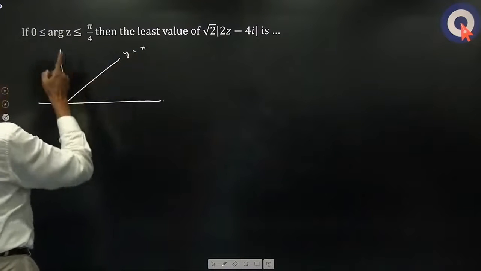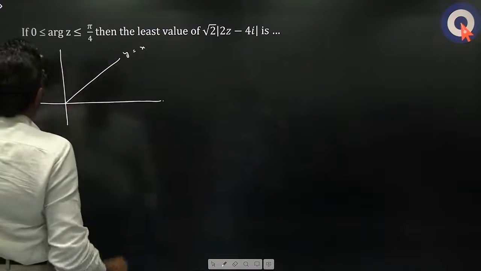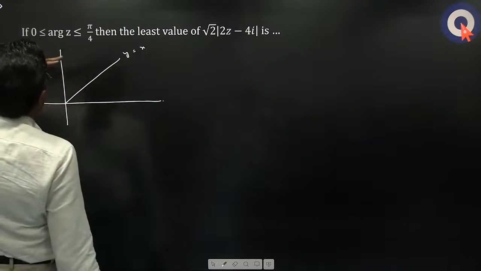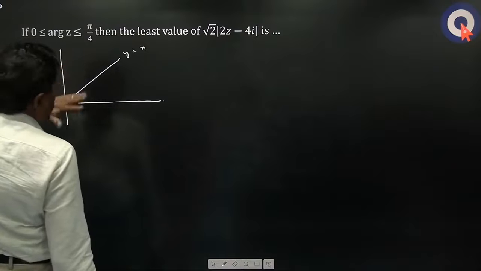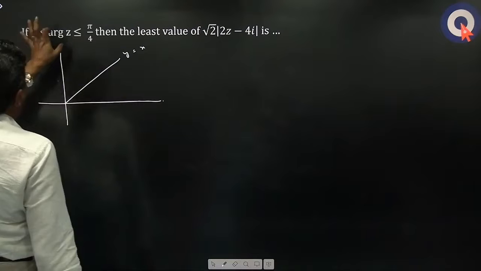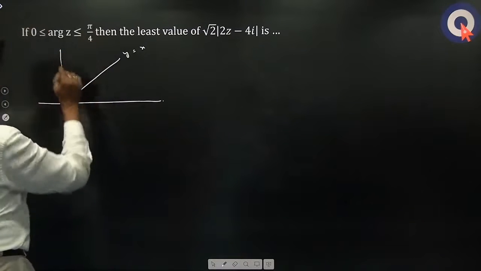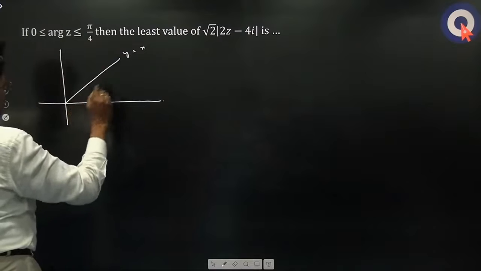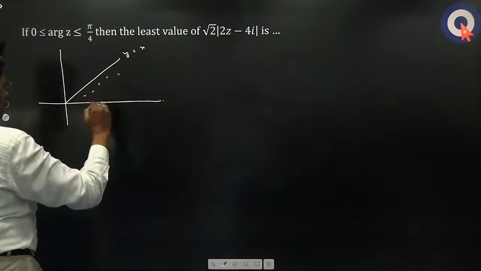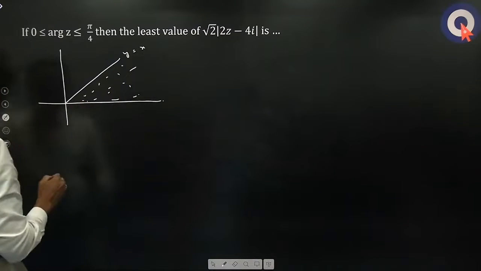Why? Wherever z is, its argument has to be minimum 0, maximum pi by 4. So the slope of the line y is equal to x is 1. So therefore the region in which z lies should be in this entire region, right? So this is how it should be.